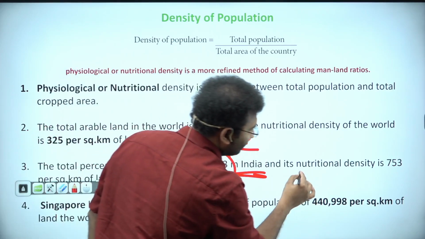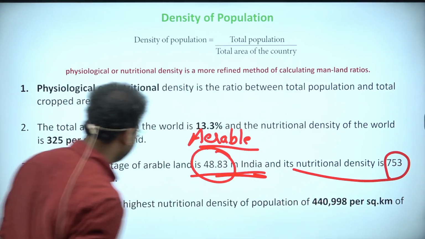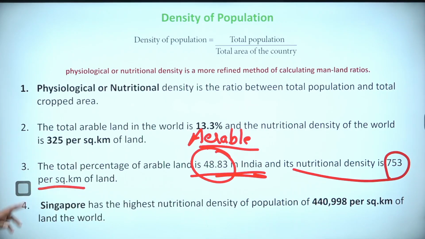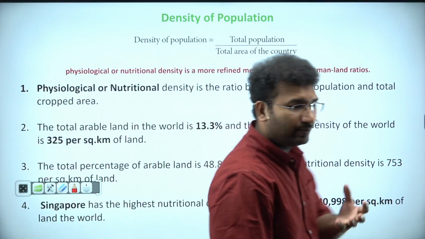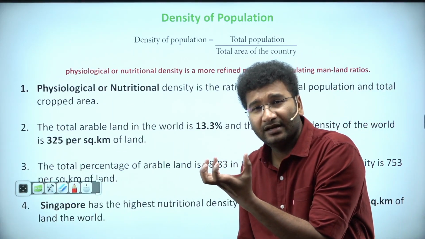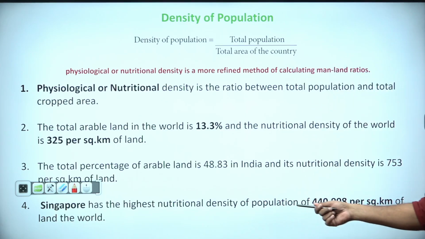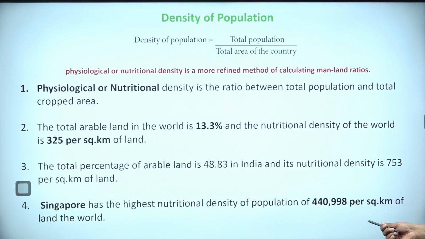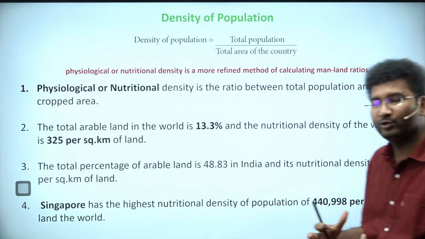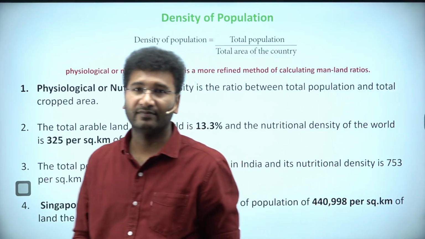But out of this, nutritional density is 753 per square kilometer. But look at Singapore. Singapore's area is less than the size of Delhi. Here, the nutritional density of population is 440998 per square kilometer. How are they able to generate it?